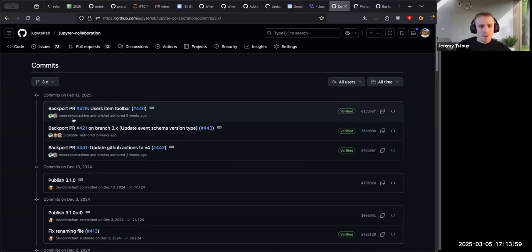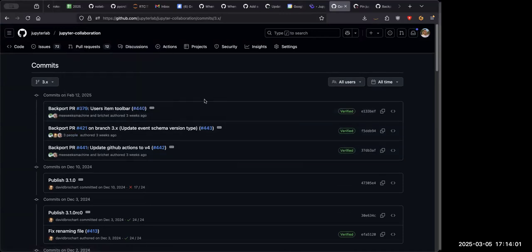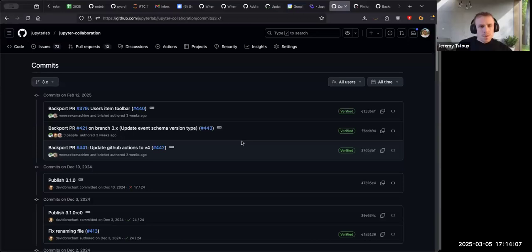So there are already some changes that were not released. Of course, me personally, I would love to merge that pin too before releasing the next version. But I guess it makes sense to have that upper bound on 4.4, because Jupyter collaboration version 4 will require JupyterLab 4.4 as a lower bound requirement.